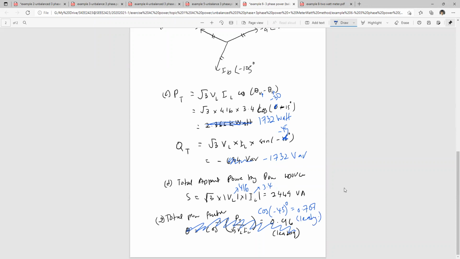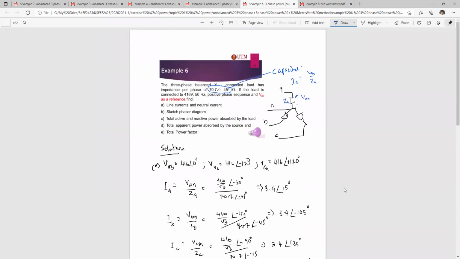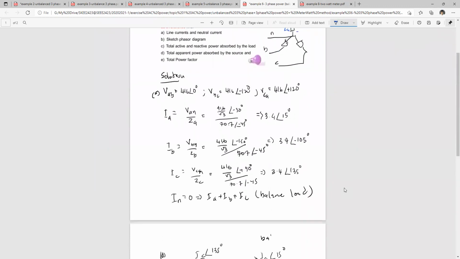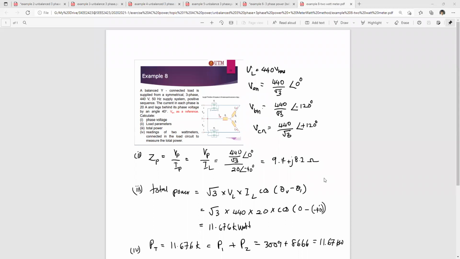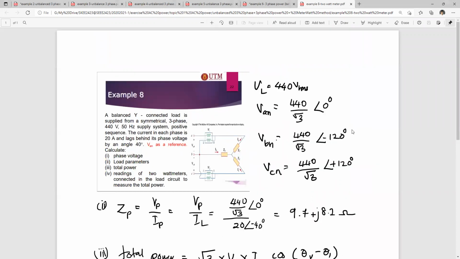I think that's all for the calculation for the three-phase power example. Next, we go to example 8, which is the 2-wattmeter method. For a three-phase system, there are two ways to measure the power.